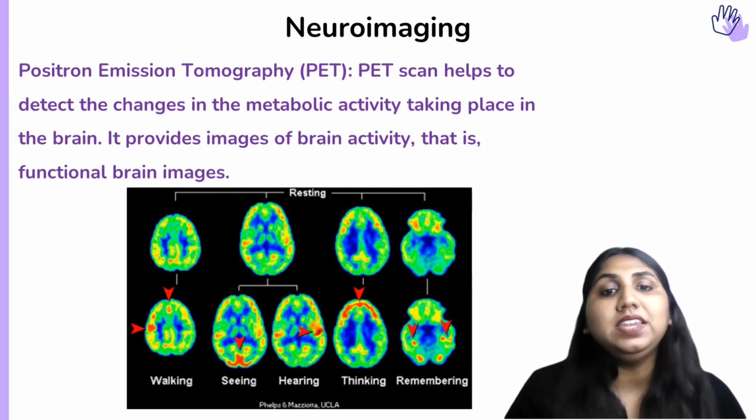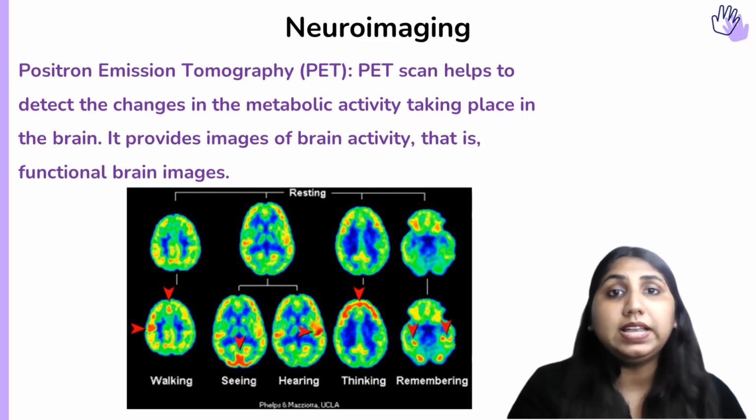PETs use radioactive chemicals with a short shelf life, so they often dissolve after a point of time. This is a very expensive technique and most of the time it's only available in research hospitals. But through this, you can know the metabolic activity in real time.